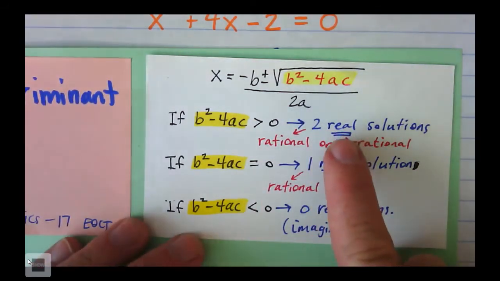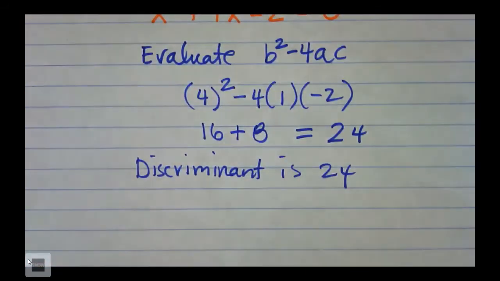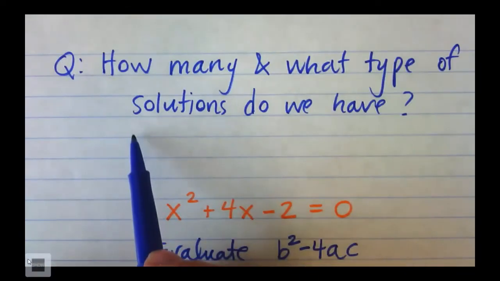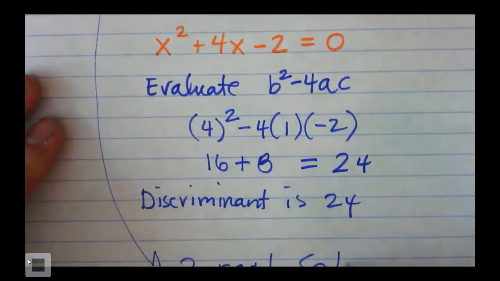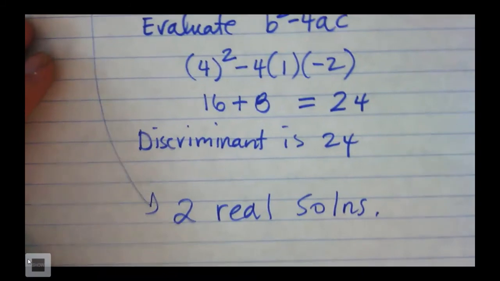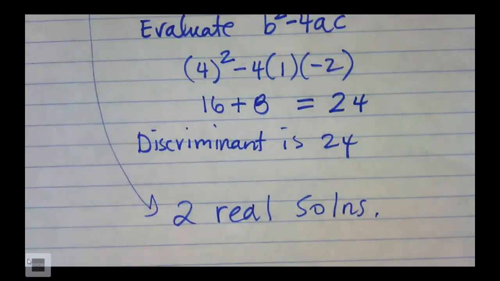What type? Real. So my answer would be, if I go to the very first part of the question, I would say that there are 2 real solutions. And we are finished. See you in class tomorrow.